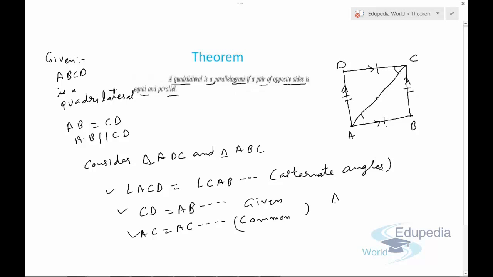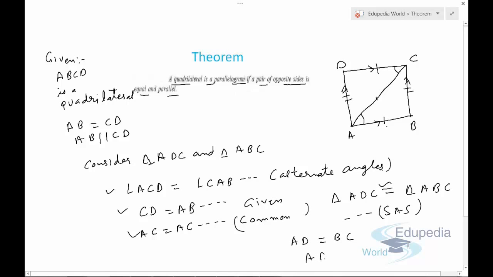So we can say that triangle ADC is congruent to triangle ABC by SAS. Now AD equals BC and AD is parallel to BC by CPCT. This proves that in a quadrilateral, if a pair of sides is equal and parallel, it's a parallelogram. So ABCD is a parallelogram. This is how we can prove the theorem.